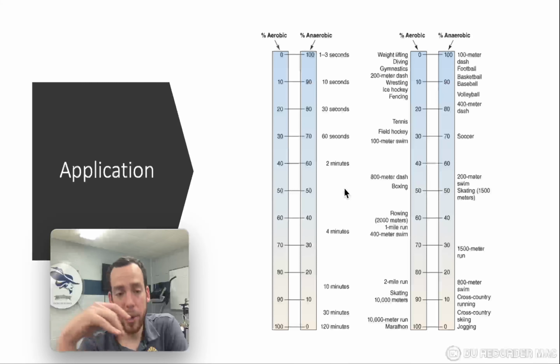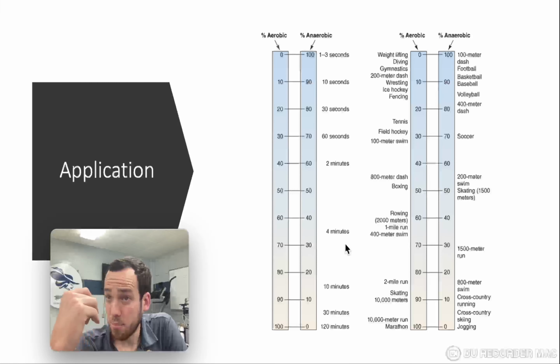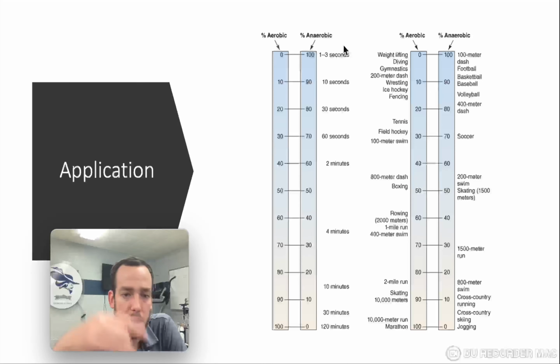What this does not mean is if you get up and walk for 5 seconds, you have huge demands, right? So maybe that is a little bit more aerobic, but if these are some pretty intense 4-minute, 10-minute, 30-minute, 120-minute efforts, then this is roughly the cutoff.